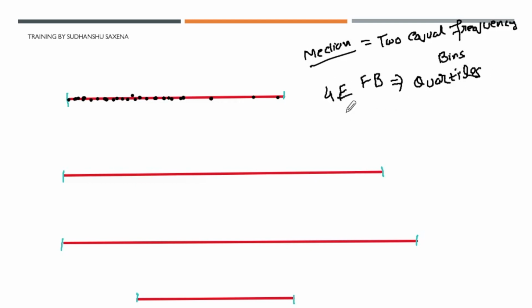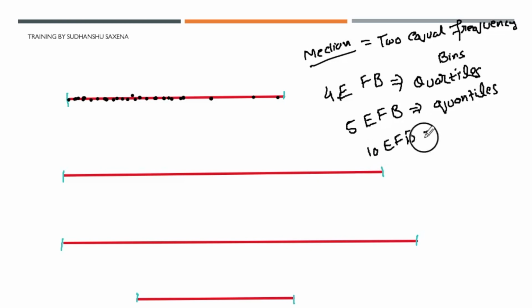If I divide my data into 5 equal frequency bins, then I would call them quantiles, right? If I divide my data into 10 equal frequency bins, then I call them deciles, right?